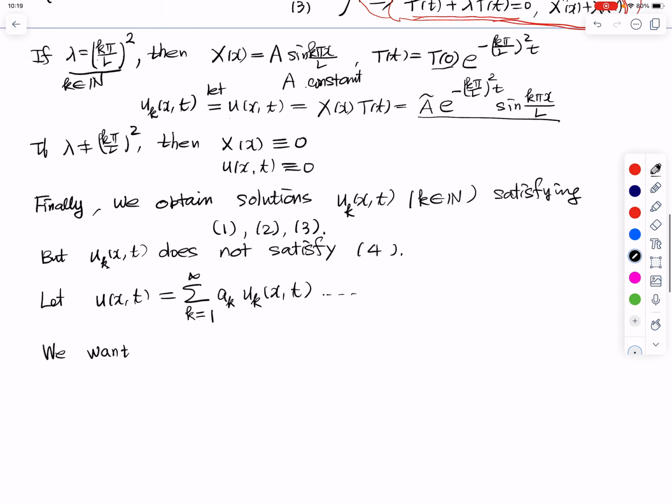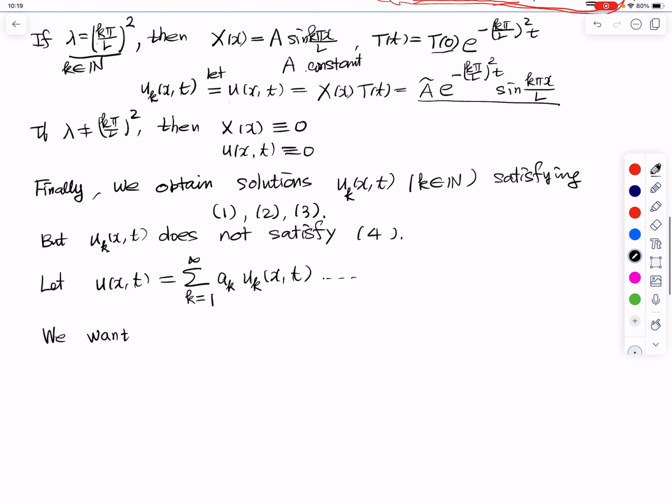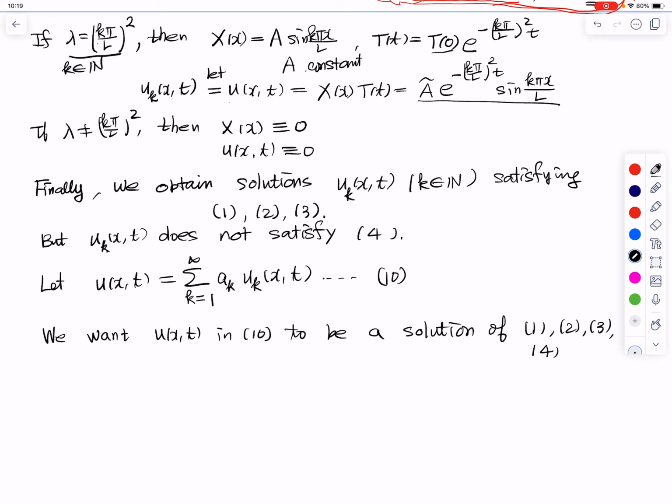This is equation 10. I want u(x,t) in equation 10 to be a solution of 1, 2, 3, 4. Okay, this is what we want.